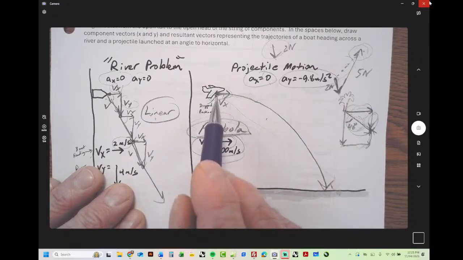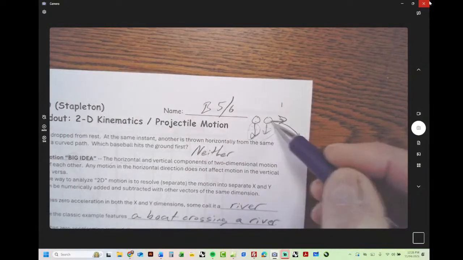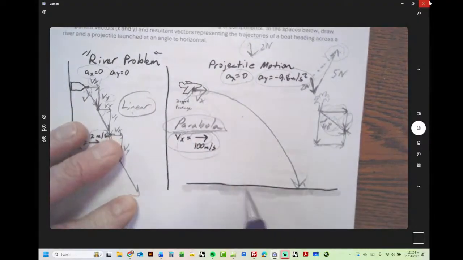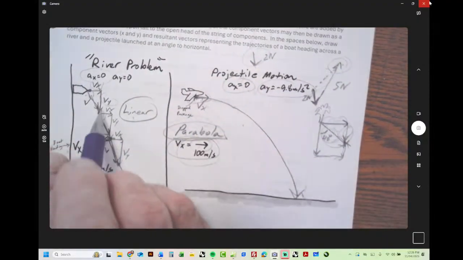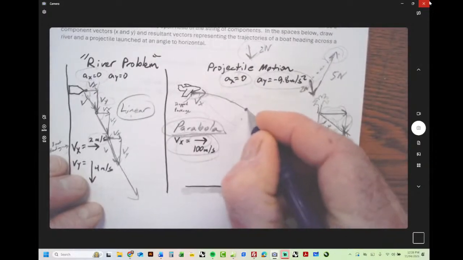So is there any y velocity at the beginning? No. This is like the ball being dropped up here. You've got a ball being dropped, you've got a ball that's moving sideways. They both have no y velocity to begin with. Instead of making a chain like this, I'm going to skip a little bit. I'm going to go to here.